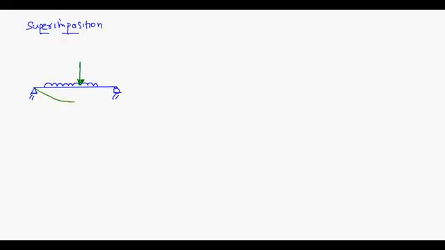I want to get the deflection at the center, suppose del. What I do here is simply split this beam into 2 beams, each with a pin joint and roller. I separate this UDL, and I separate this point load.